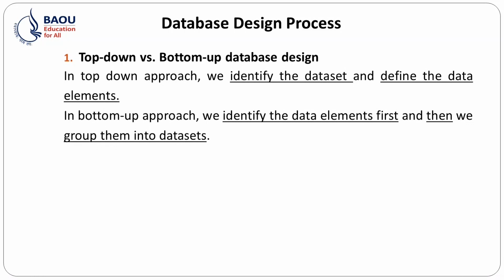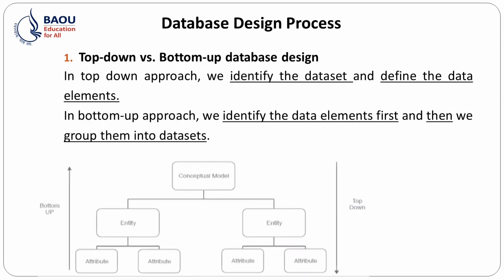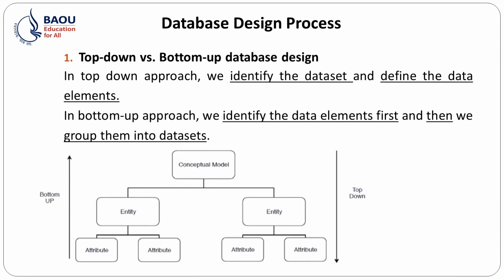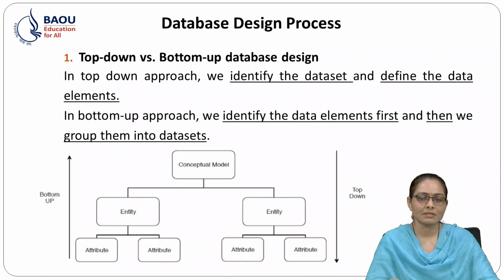Now, first is the top-down versus bottom-up database design. In the top-down approach, we identify the data sets and define the data elements. In the bottom-up approach, we identify the data elements first and then group them into data sets.